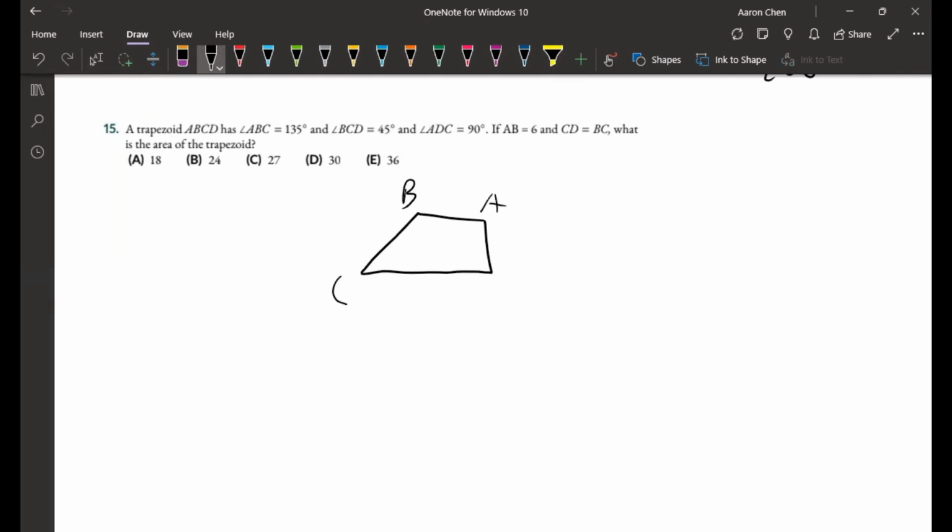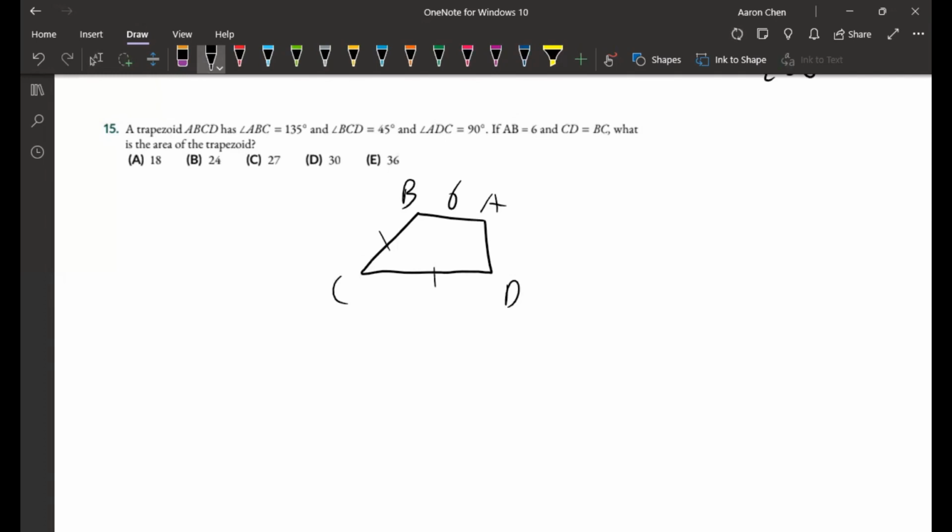A, B, C. Okay, so this is 6, and these two are equal.